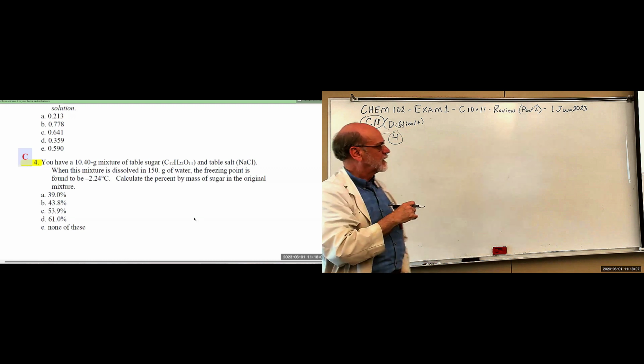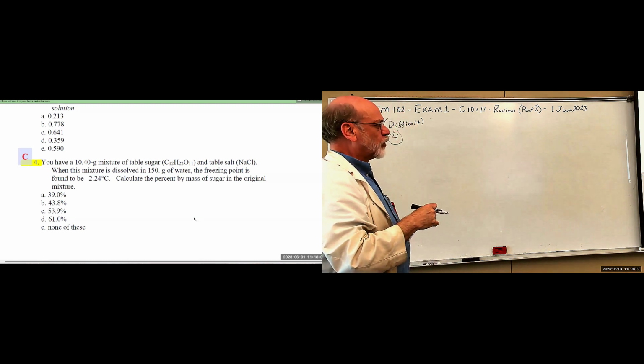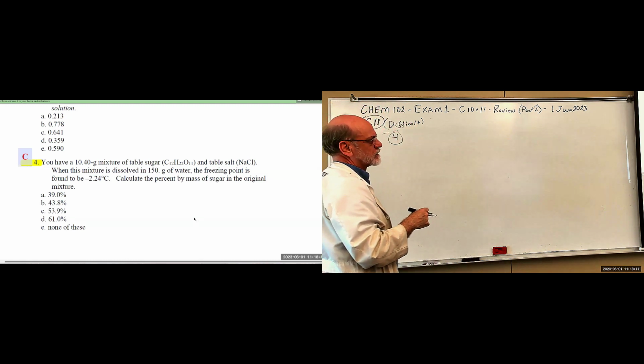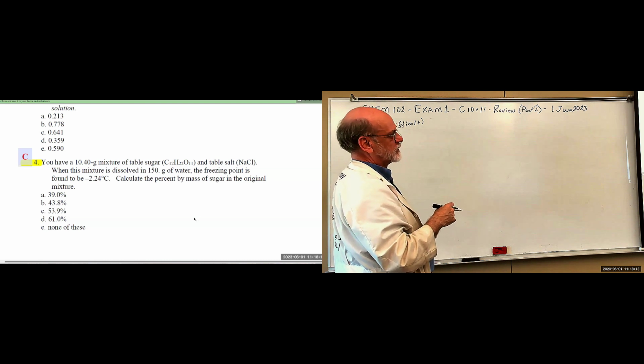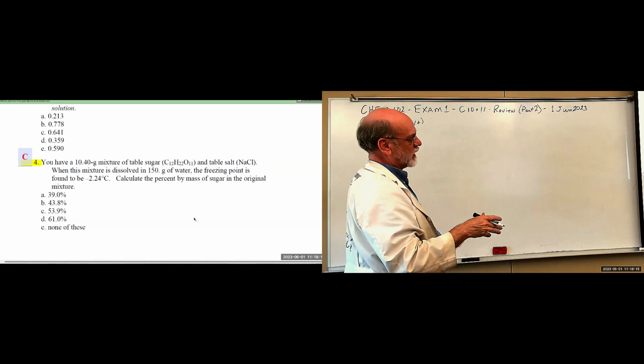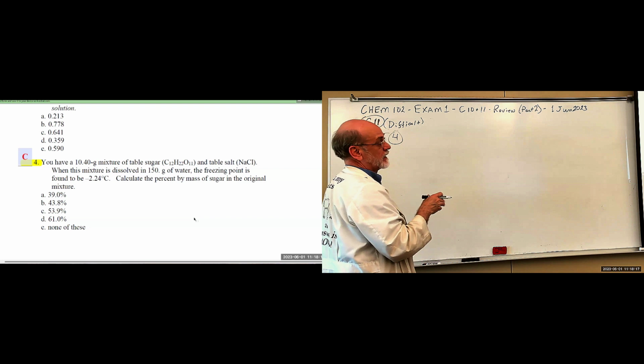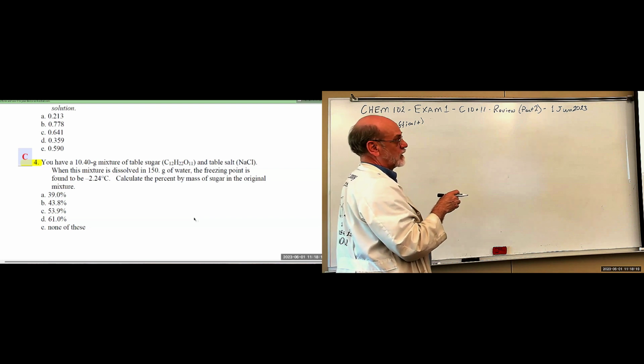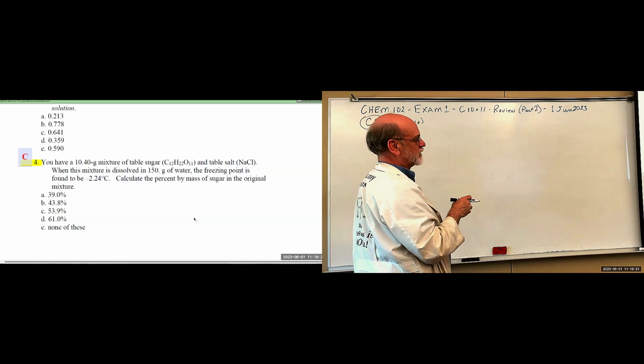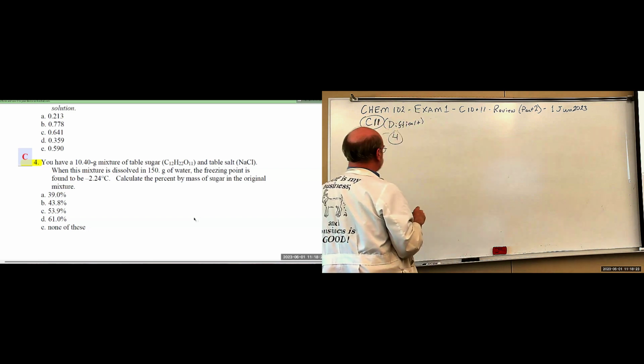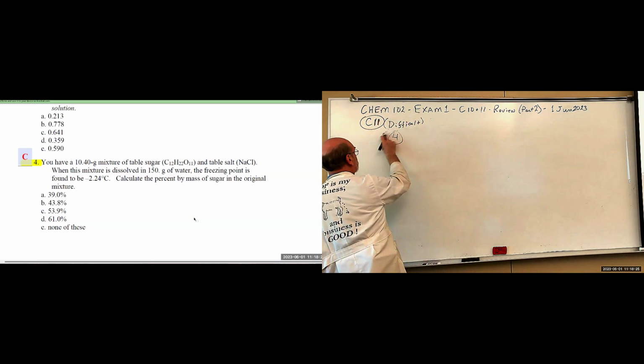There we go. You have a 10.4 gram mixture of table sugar and table salt. When this mixture is dissolved in 150 grams of water, the freezing point is found to be minus 2.24. Calculate the percent by mass of sugar in the original mixture. Okay, this one's going to take some doing.